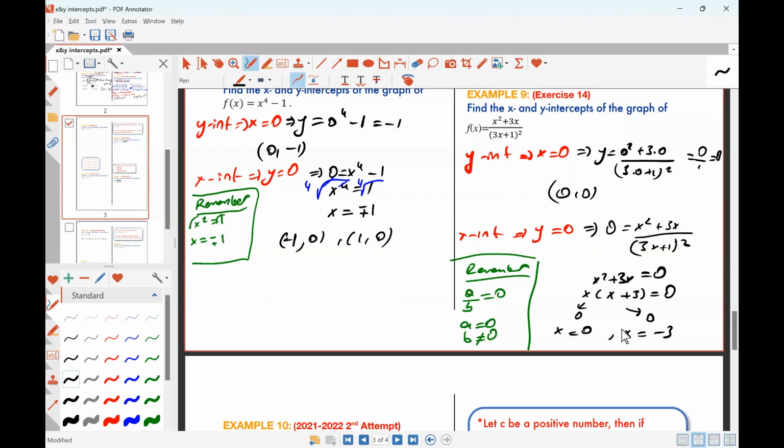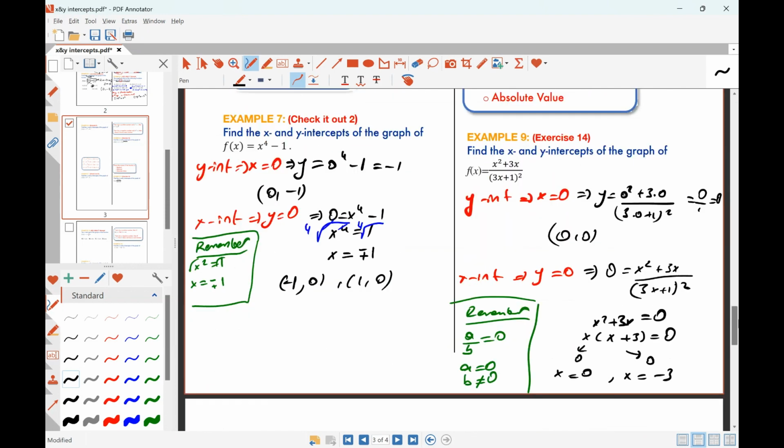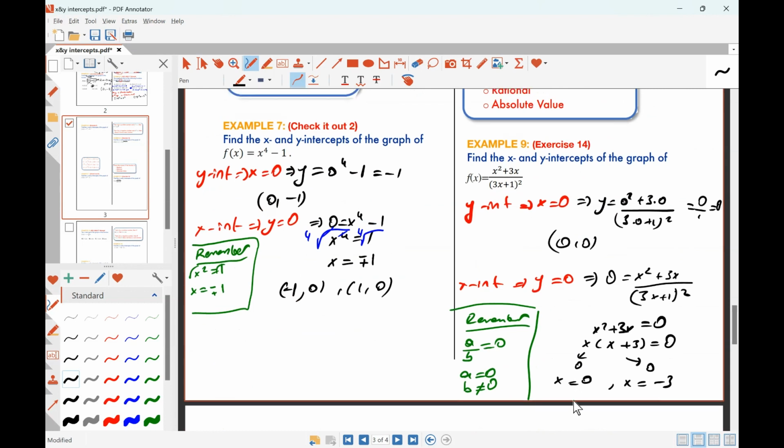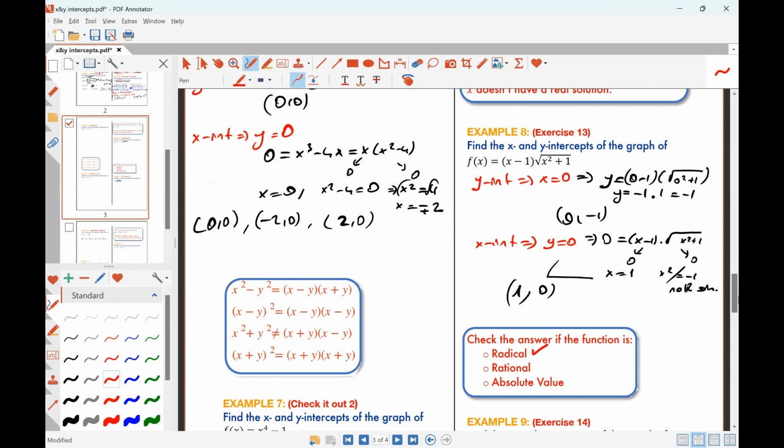We need to check. So why didn't we check the x values in the previous questions, and I'm checking here? Because there are possibilities that the numbers that we found could make the denominator 0. If they make the denominator 0, it would be undefined, so we should check. So whenever there is a radical function, a square root function, like the previous one, when you give 1 to the x, it is not negative.